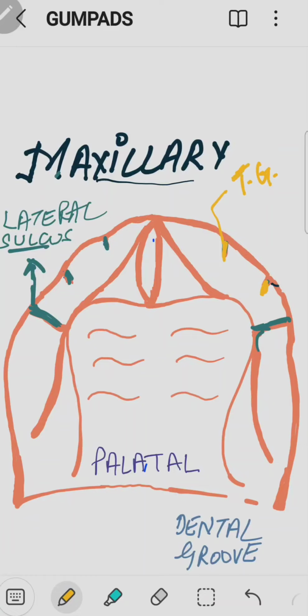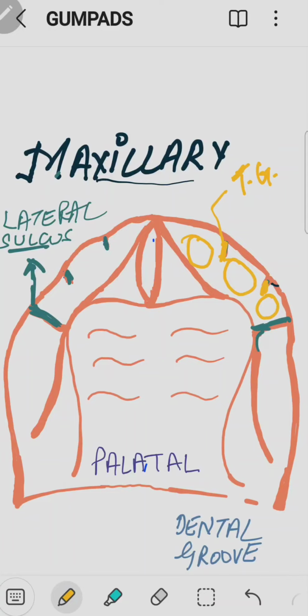An important thing to remember here is that the transverse grooves divide the alveolar processes or the gum pads into segments, beneath which the deciduous tooth sacs are present, which lead to the formation and eruption of the deciduous teeth.